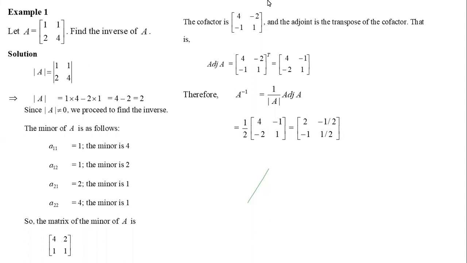Adjoint divided by determinant. I can also write it as 1 over determinant times adjoint. And that is why I have 1 over 2 times adjoint, which is a matrix.